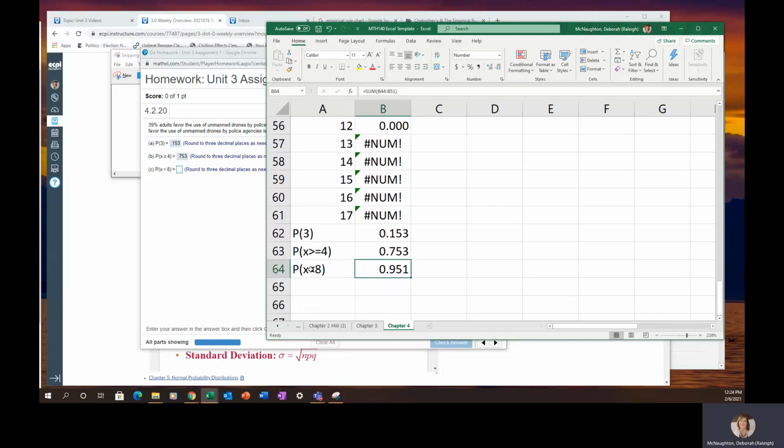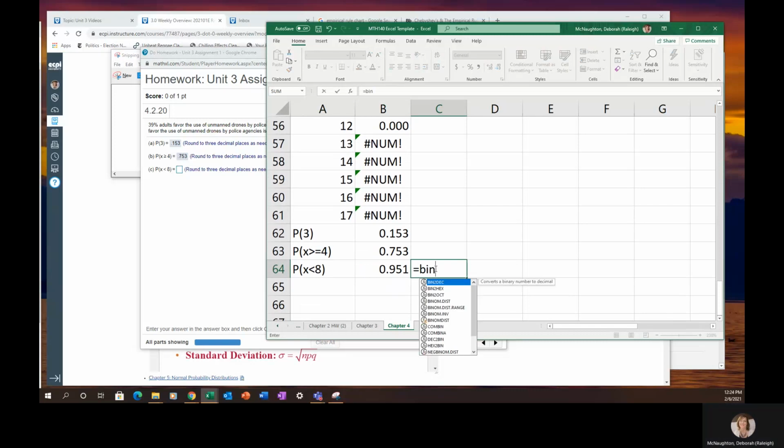And so I can get the probability for less than or equal to 8. I just want to show you that's the same as using the cumulative distribution for 7. So I'm just going to type it in so you can see.